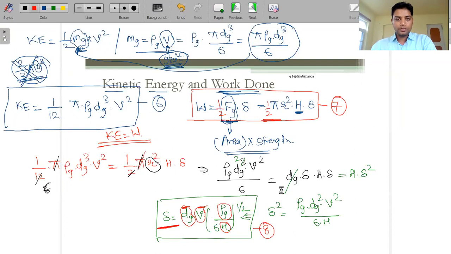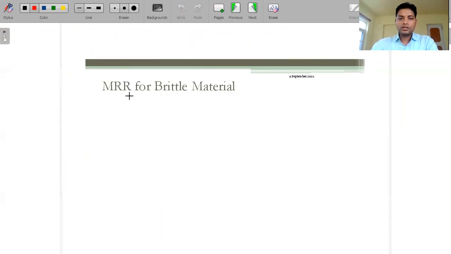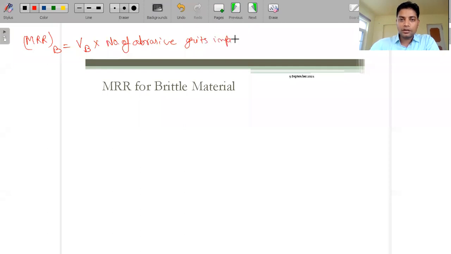Okay guys, first of all, the material removal rate for the brittle material. So MRR in case of the brittle will be equal to VB, that is the volume of the brittle material removed, into the number of abrasive particles, the number of abrasive grits impacting per unit time or per unit second.